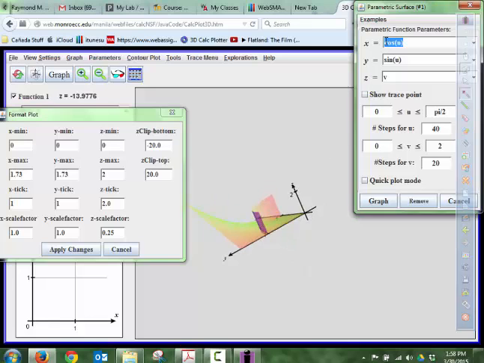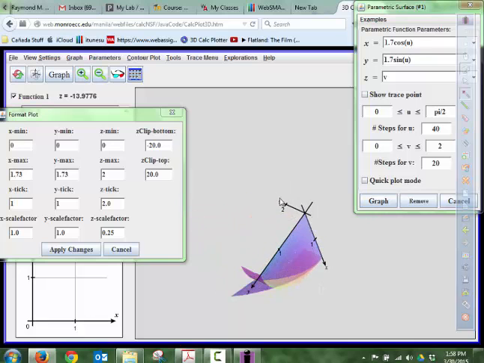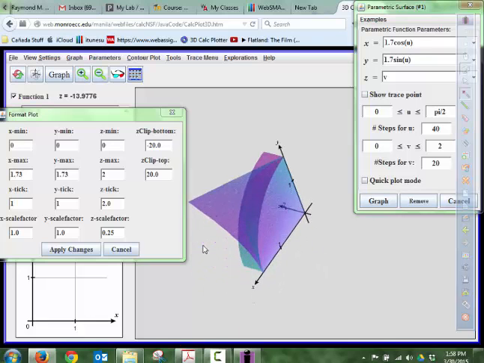What's square root of 3 again? 1.7? So here goes.